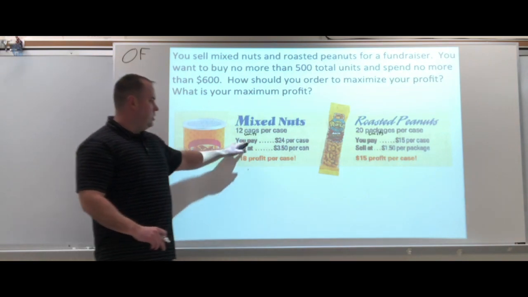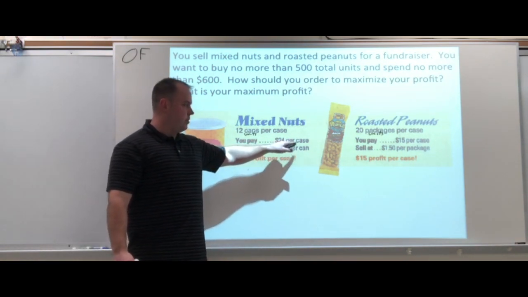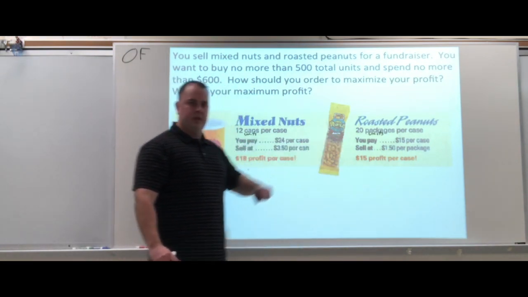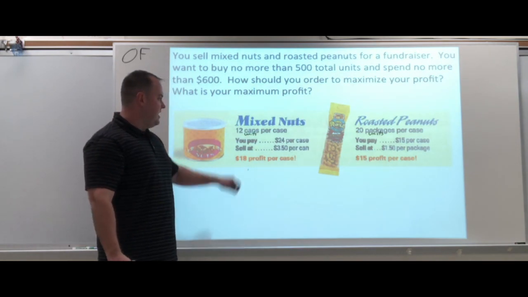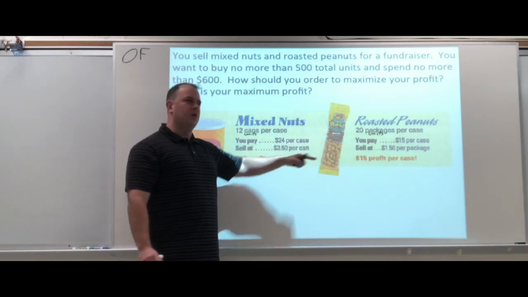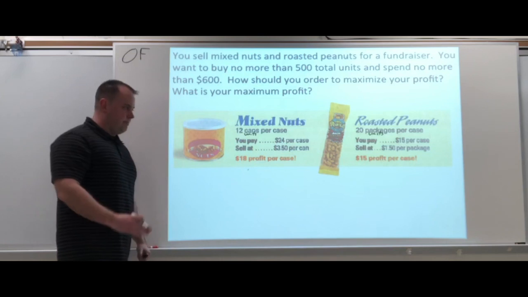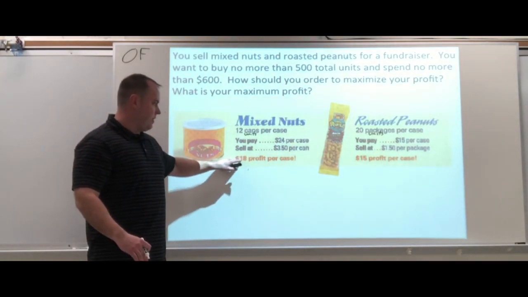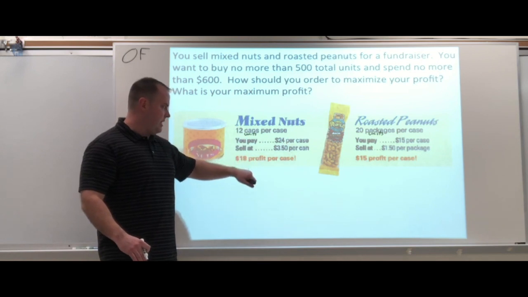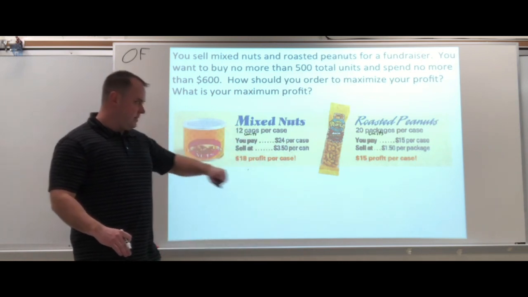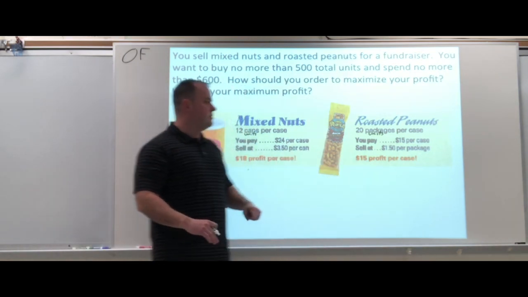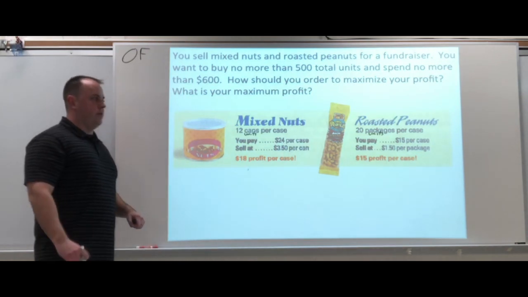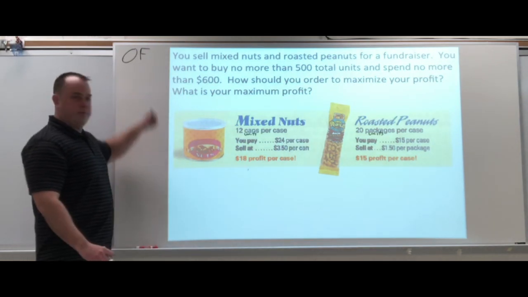You pay $24 per case for the mixed nuts, $15 for the roasted peanuts. Now this is how much you're selling per person. We're not going to worry about that too much. It's how you would find your profit, but we have our profit right here: $18 per case for the mixed nuts, $15 profit per case for the roasted peanuts. So that's what we're going to use for our objective function.